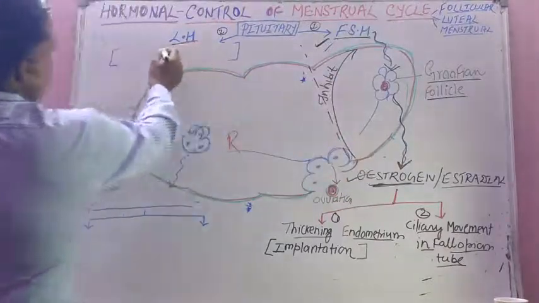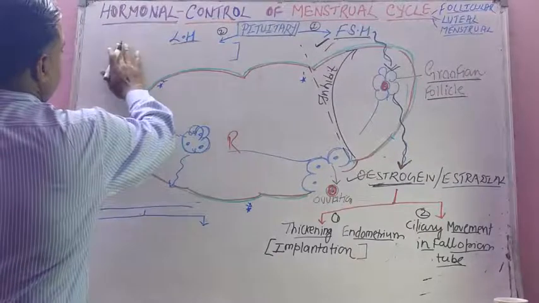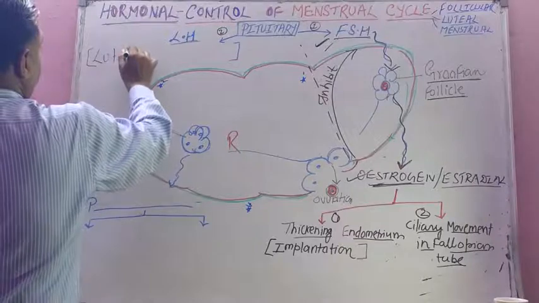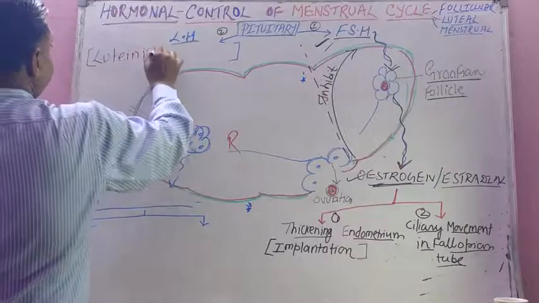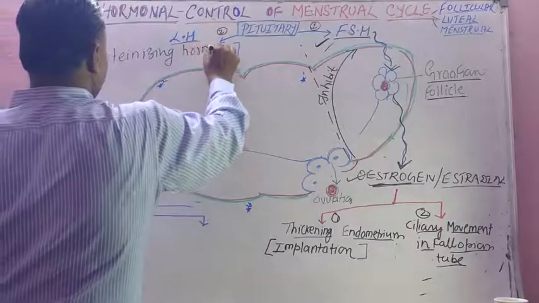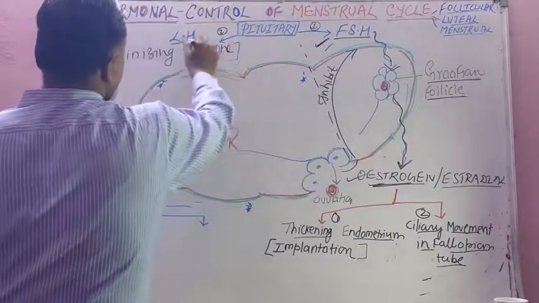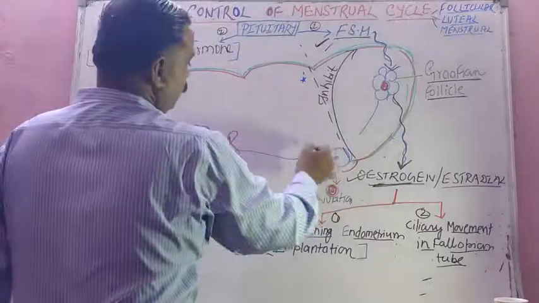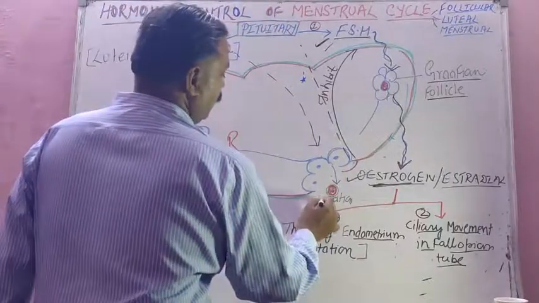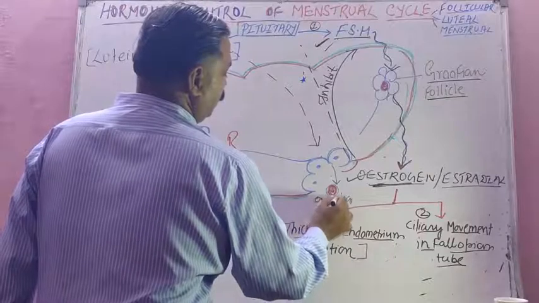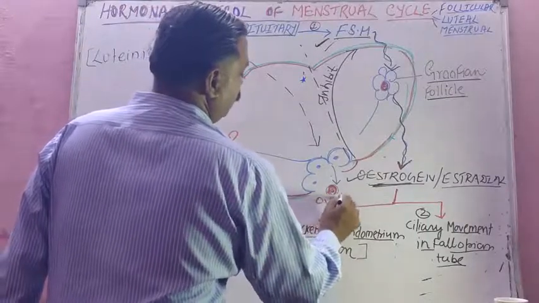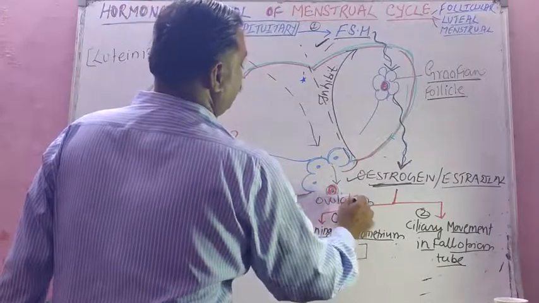Now the name of the second hormone, as you know, is LH. LH stands for what, students? Luteinizing hormone. Something related to the corpus luteum is going to occur here. Now this luteinizing hormone will stimulate the Graafian follicle for ovulation. You already know what ovulation is, the release of the ovum after rupturing of the Graafian follicle.